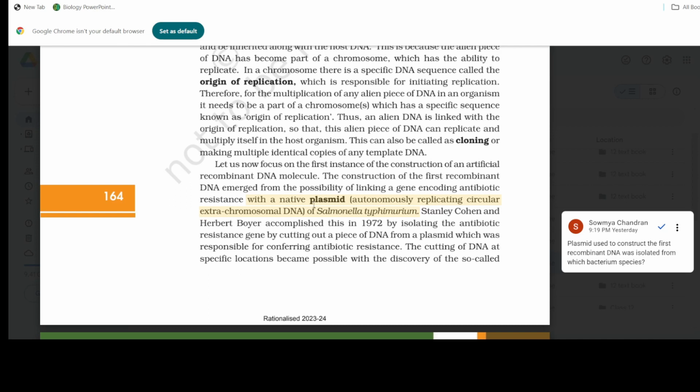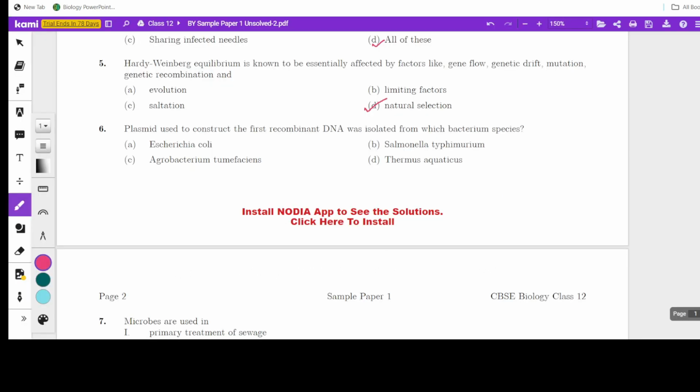So that is the definition of plasmid. It was first isolated from the bacterium Salmonella typhimurium. Remember, Salmonella typhimurium. So the answer is Salmonella typhimurium. From that bacterium the first plasmid was extracted.